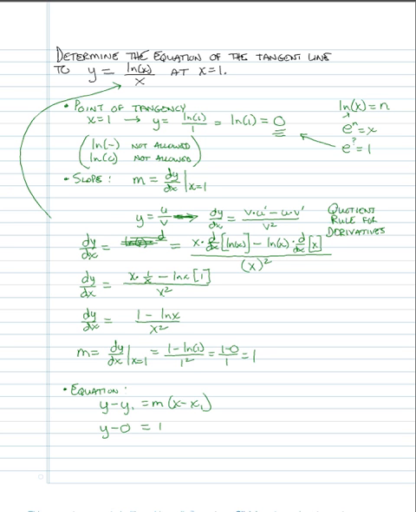And our slope, of course, is 1, x minus the x value of our point of tangency, and that was 1. That was given to us. And so we end up with what? y on the left side and just x minus 1 on the right side. So there's the equation of the tangent line.